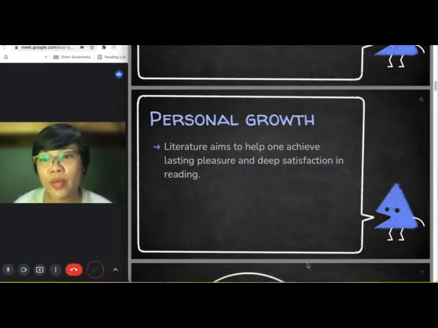So by reading something, we somehow learn something that helps us become a better person. So that's the point of personal growth.